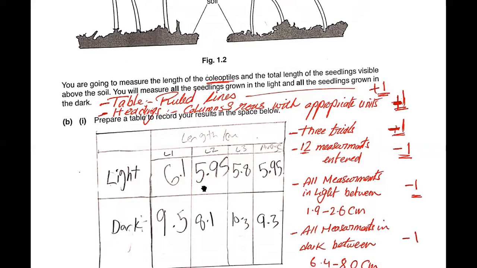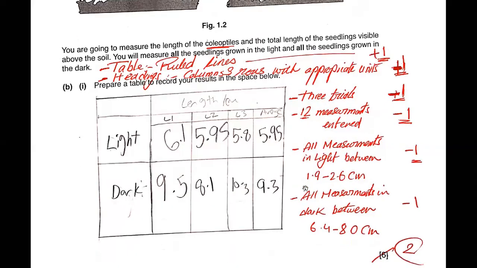In this case, it should have 3 trials, but he did not even give any attempt to this point, so he is penalized by deducting 1 mark. And it should be 12 measurements, but he did not do this either, so he is penalized by 1 mark.